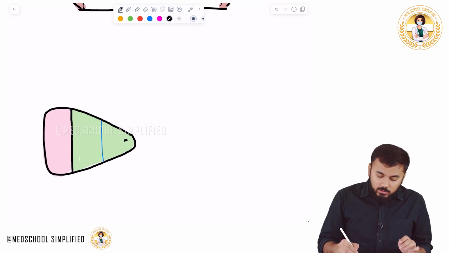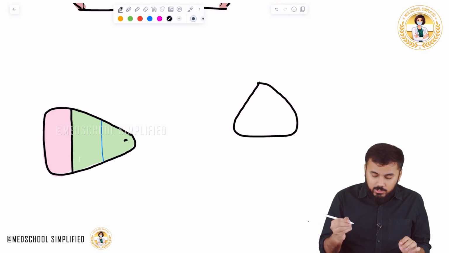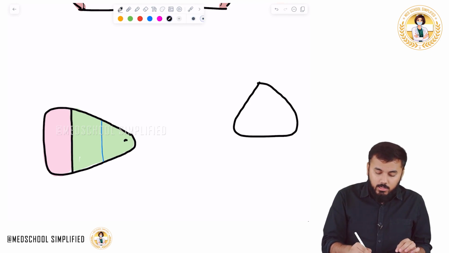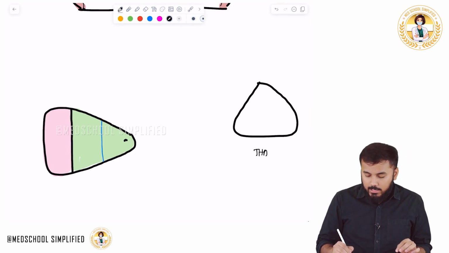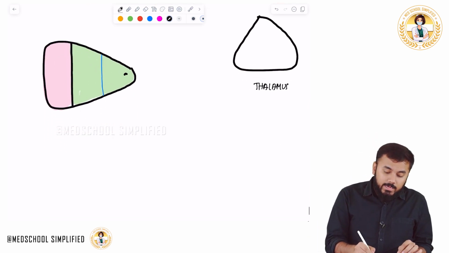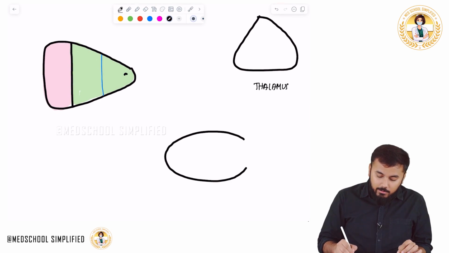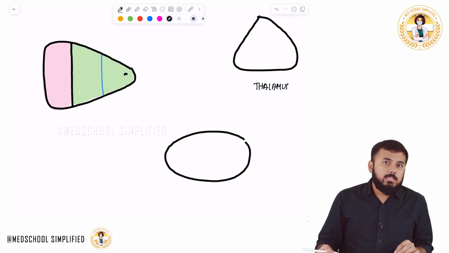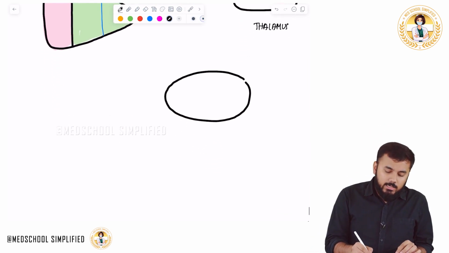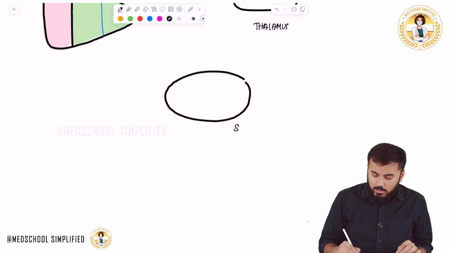After that, we have also discussed that here we have got a structure, and this structure over here I called thalamus. And tell me, any nucleus that is present beneath the thalamus, what should I call it? Should I call it subthalamus? So let us say that this particular structure is called the subthalamic nucleus.